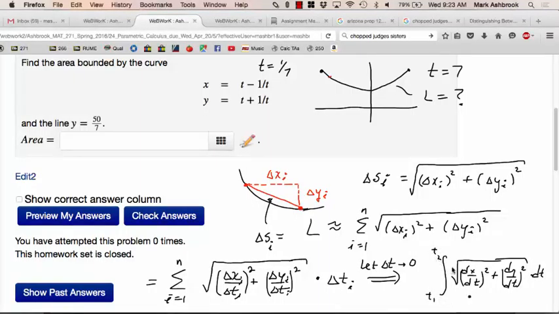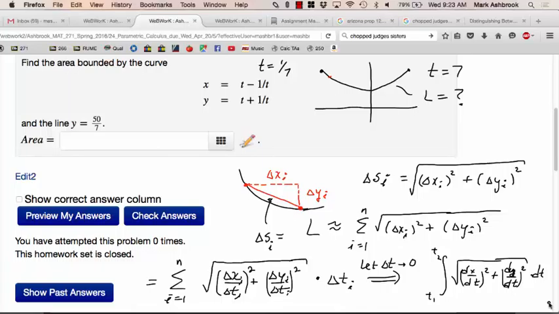So this is dt here, and this is dy. Okay, so here's our arc length formula for if you've got your curve represented in parametric form.